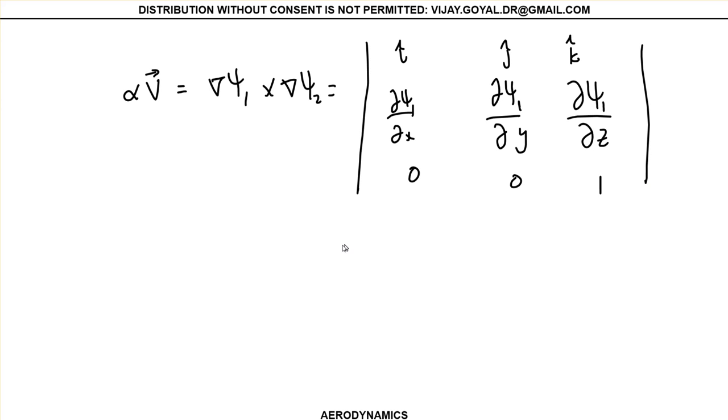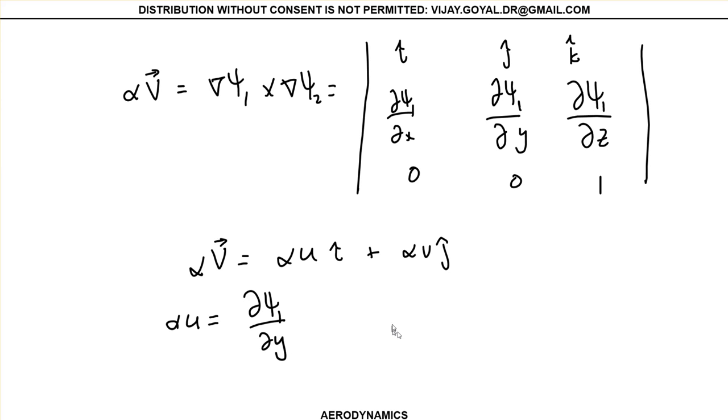So if I take this, you can show that V will equal alpha u i plus alpha v j, where alpha u will equal partial of psi 1 with respect to y, and alpha v is going to equal minus partial of psi 1 with respect to x. Okay, so those will be your stream functions for this particular case.